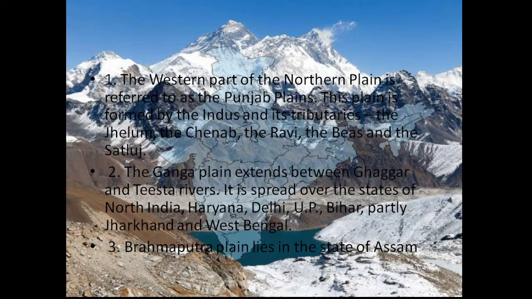Riverine islands are formed when these rivers deposit the mud and silt loads in their channels. Rivers split into channels to go around these obstructions and form distributaries.